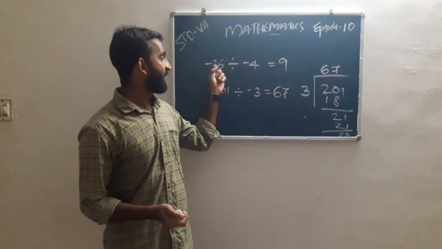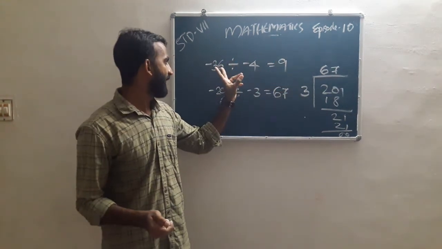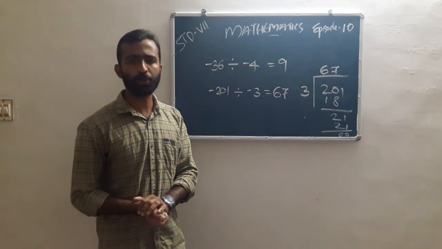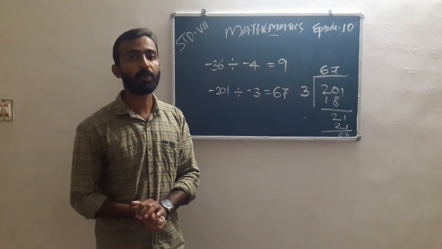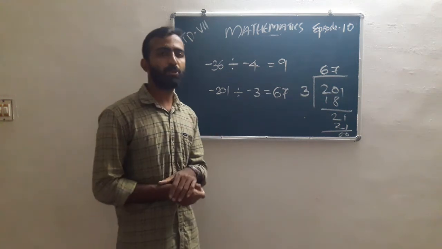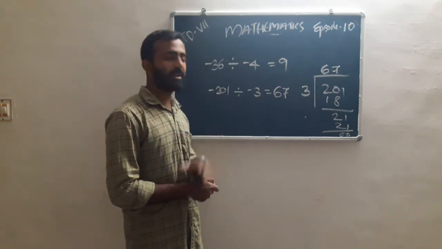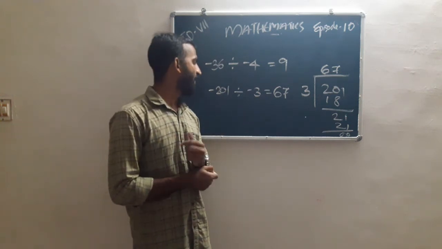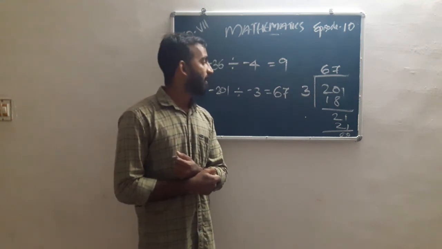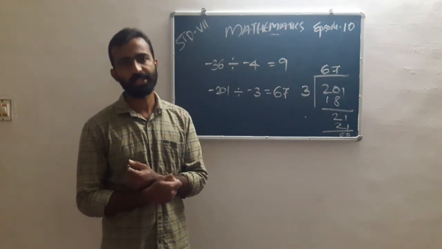Here negative 36 divided by negative 4 we get 9, which is positive, because when we divide two negative integers, we get a positive integer. Negative 201 divided by negative 3 gives 67. Is it? Yes.